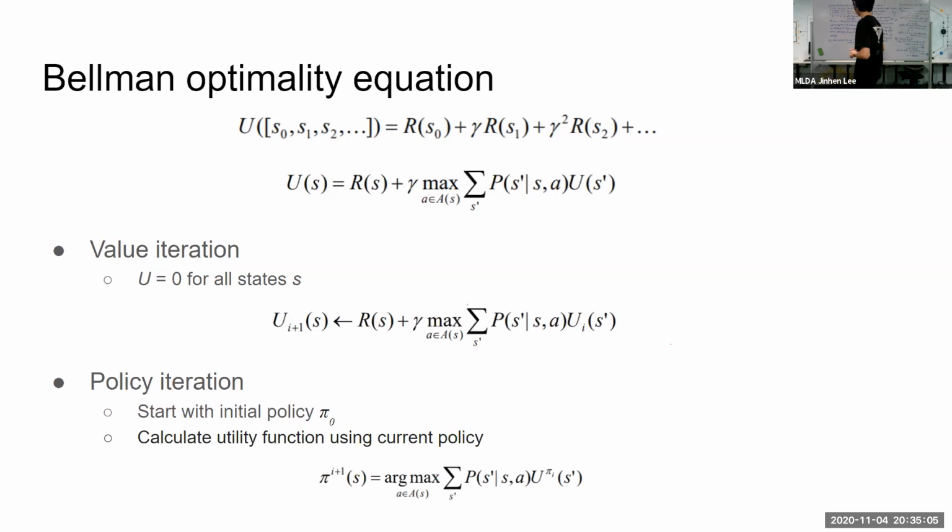So we think about, in this case, if you try to go up, but there's an obstacle here, which is the wall, so it will bang and remain at the same spot. So it's 0.8 times the utility at this point, which is 0, because it was all initialized to 0. U0 of S is 0 for all S in the state space, big S. And then this is actually all 0.